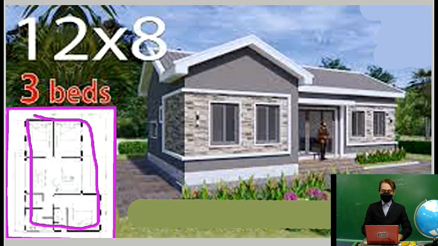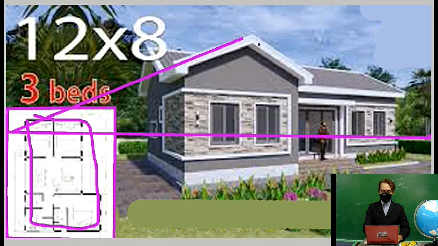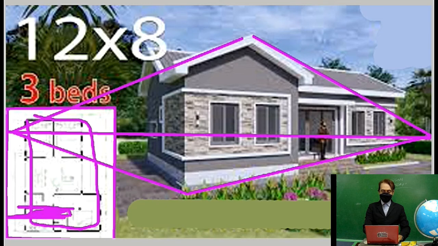Use 2-point perspective for the drawings, just like here in the picture, which is a 2-point perspective picture. And specify what kind of material you are using in your roof right here in your floor plan.